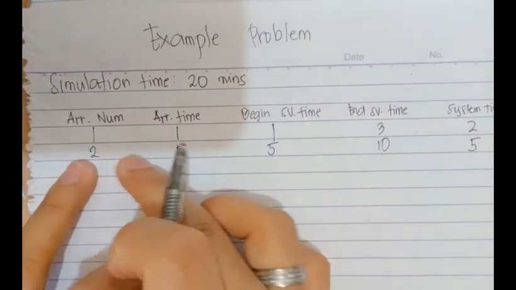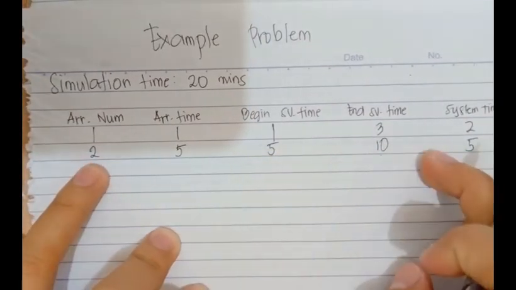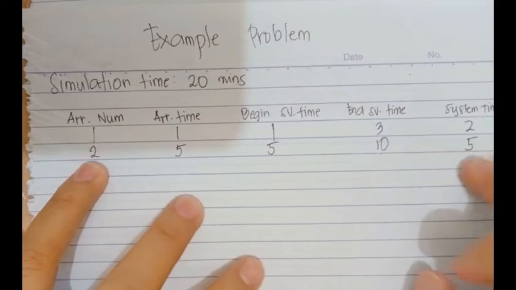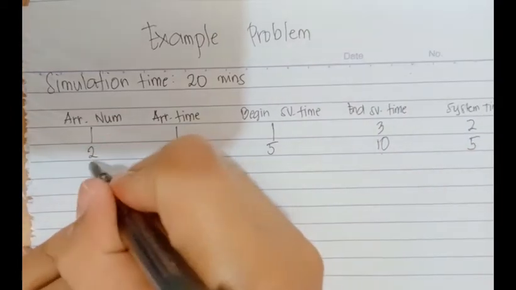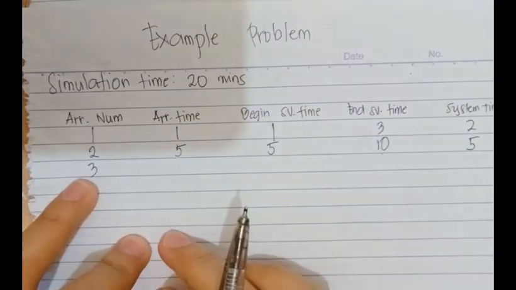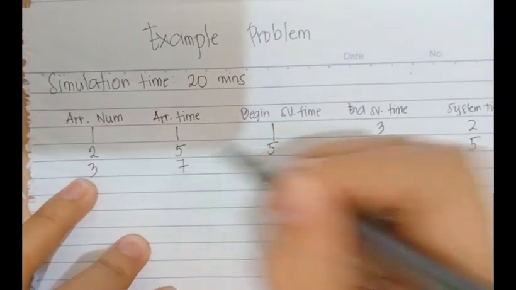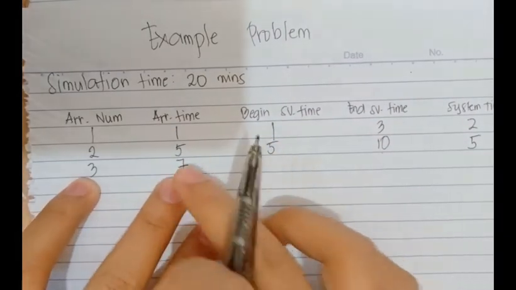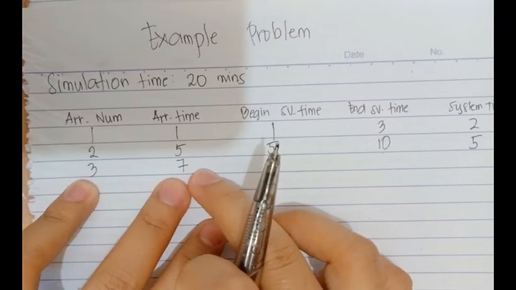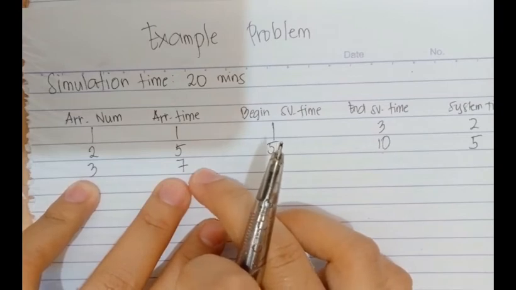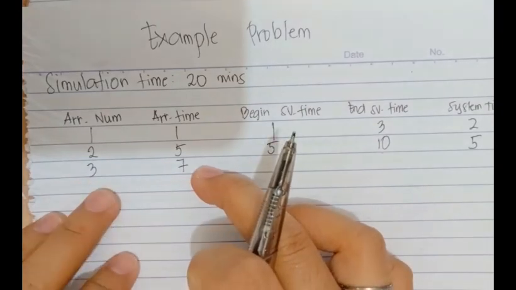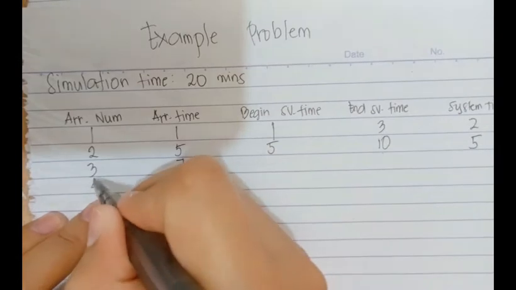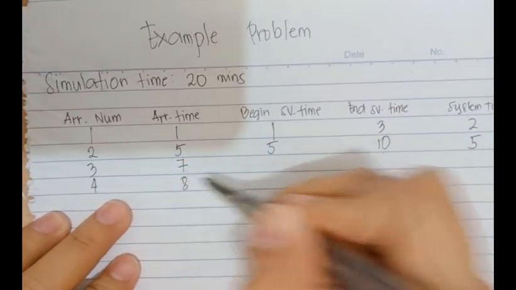Now, during the service time of entity 2, which is 5 minutes, entity 3 enters at 7 minutes. That means it needs to wait in the queue. And then entity 4 enters at 8 minutes.